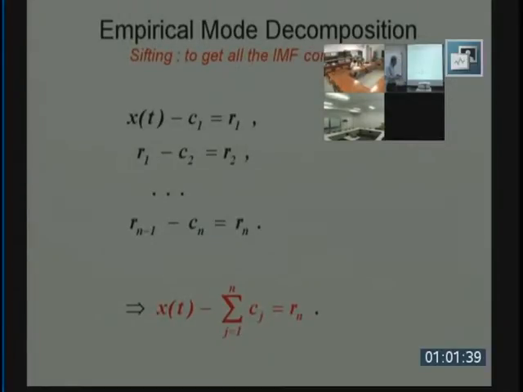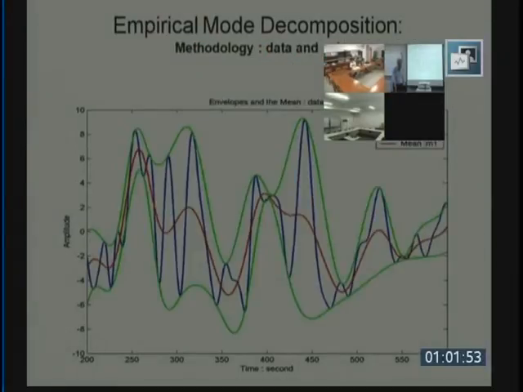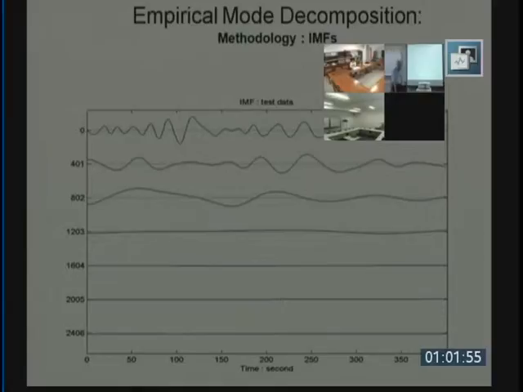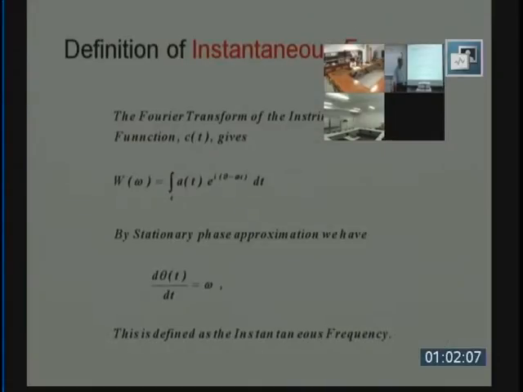Because each Cj is derived from the data, it's totally adaptive to the data. If you change one point, the whole set changes. So we can decompose the data into this component, this component, this component, and eventually come down to almost zero mean. All these functions can be written as A e^{iθ(t)}.